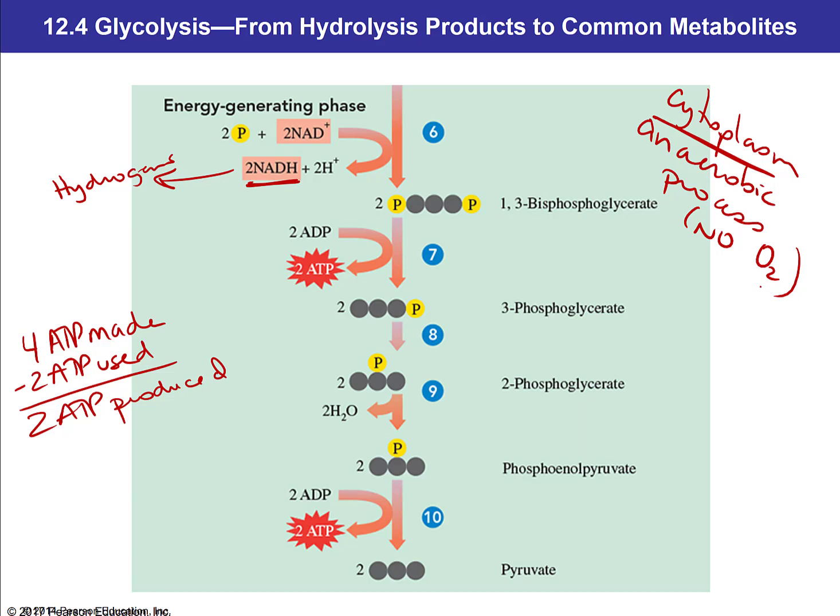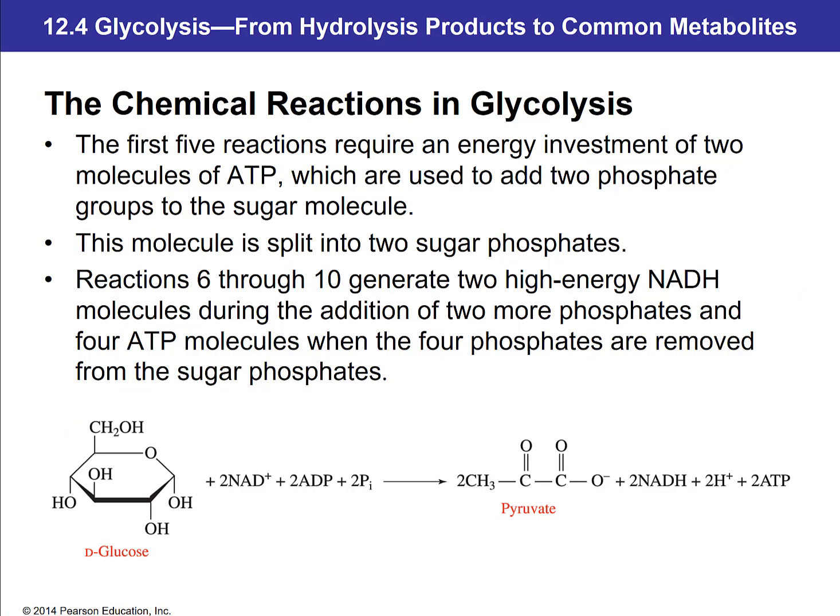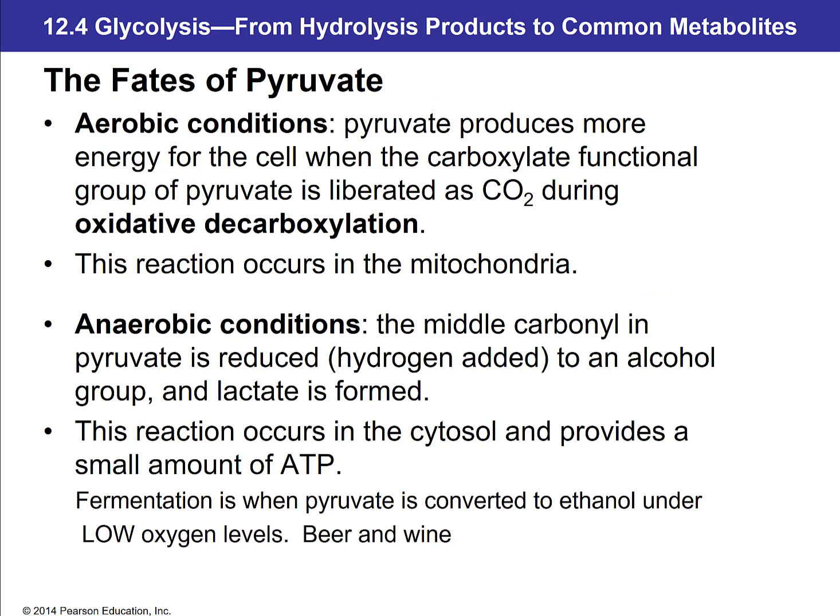But for us, if we have oxygen, then we can continue the process aerobically. The word aerobic means with oxygen. If we're doing this without oxygen, then you're going to have what they call anaerobic.